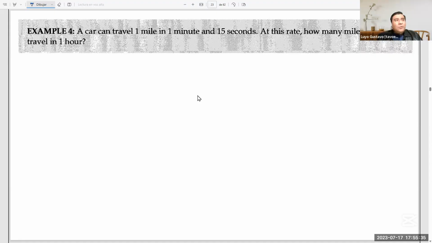I want to know, knowing the information that is stated about a car, how does 1 hour translate into a number of miles? This can be achieved also by using a successive multiplication by conversion rates.